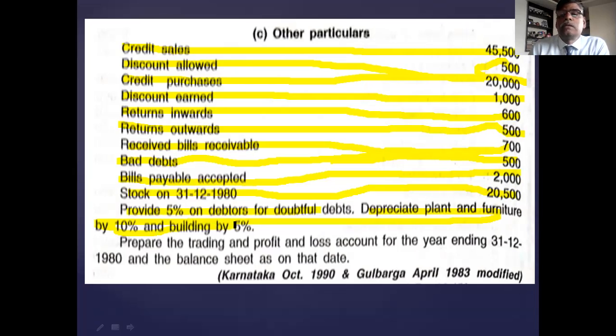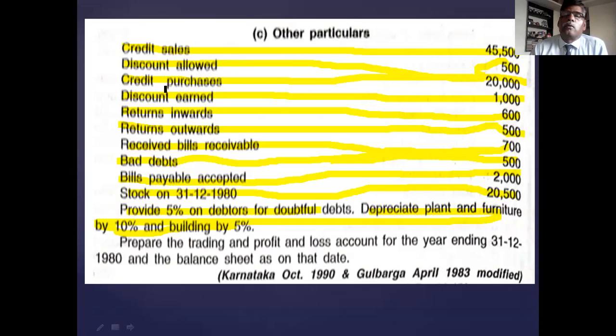Then building depreciate 5%. In the P&L account, you write the heading depreciation, under that plant, furniture, building. Calculate the required percentage, and then the same amount is deducted in the respective asset in the balance sheet. This is the point you remember.